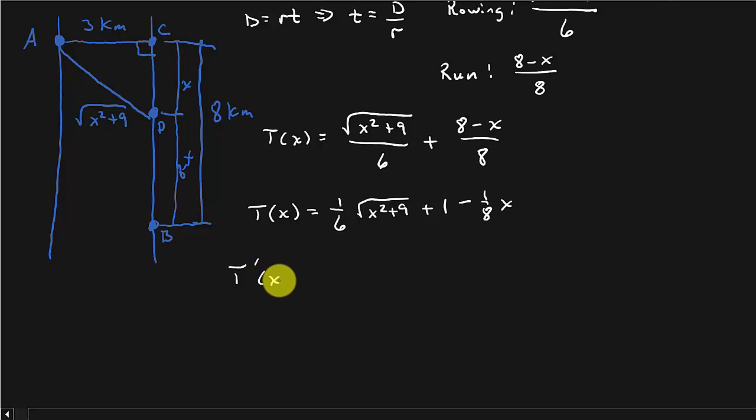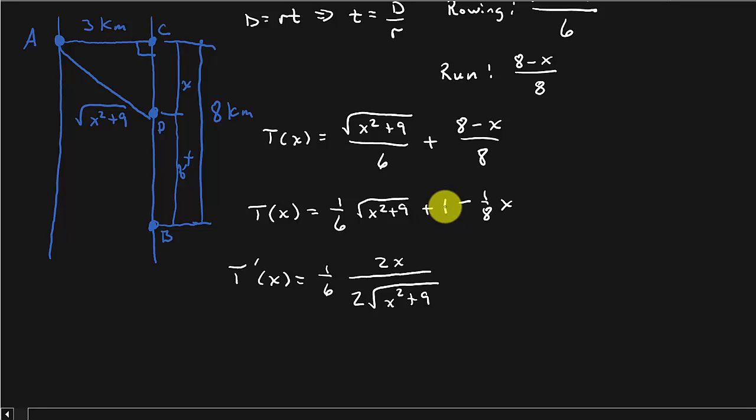So we have t prime of x is equal to 1/6. All right, so remember earlier we took the derivative of a square root and used that little shortcut. The shortcut to take the derivative of a square root is 2 times the square root. Okay, so remember it's 2 times whatever this is, and then what goes in the numerator? The derivative of what's underneath the square root, which is 2x.